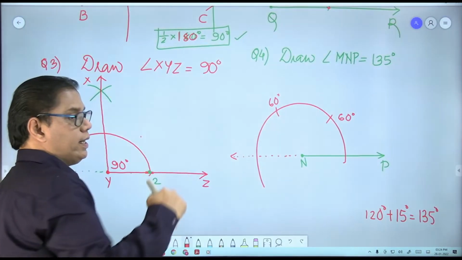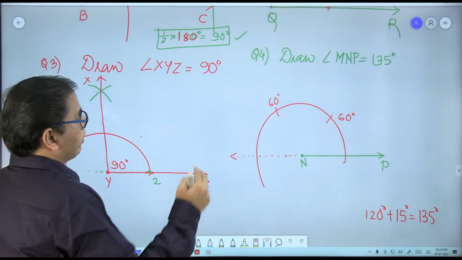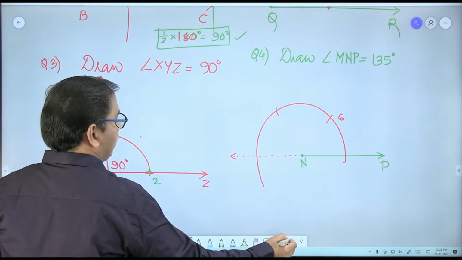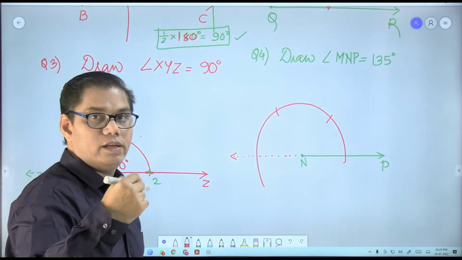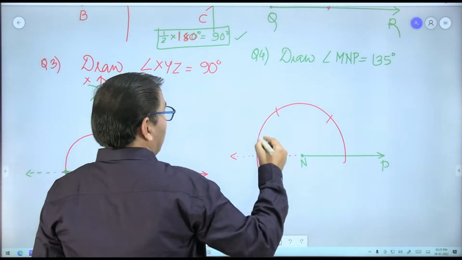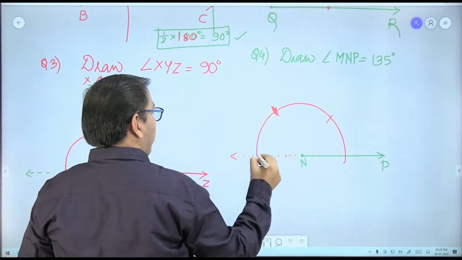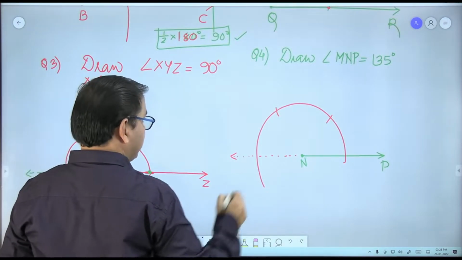Am I right? 15 degree now. And I told you right in the beginning, you can draw an angle in multiples of 15. So this point is very much clear that we have 60 degree and 120 degree. We want 15 more degrees, right? Any idea from this point to this point, how much is the angle? Surely, this is 60 degree.